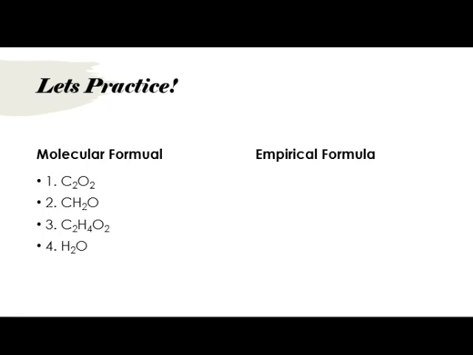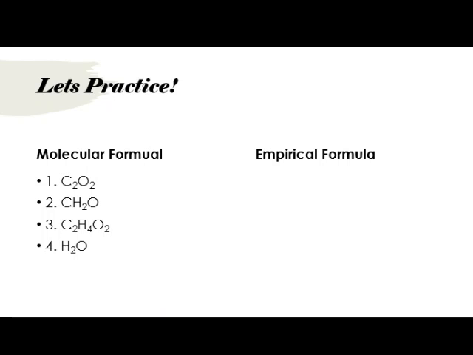So let's do a little practice. I'm going to have you pause this video in just a minute. I'm going to go through these, and I want you to practice and see if you can make the empirical formula. Our first one here is C2O2. These are all the molecular formulas. Then we have CH2O, and then C2H4O2 and H2O.